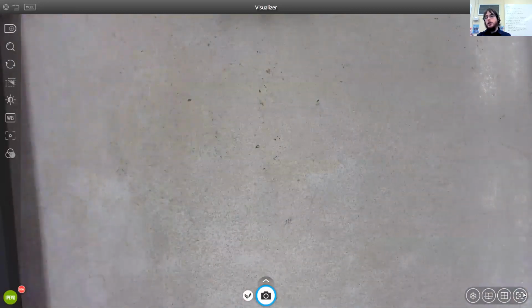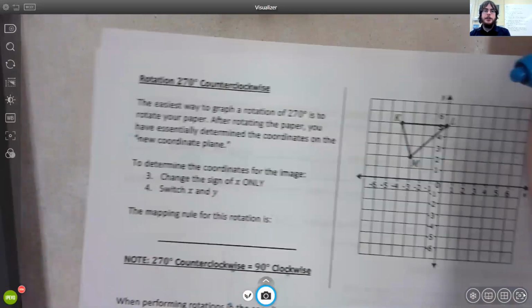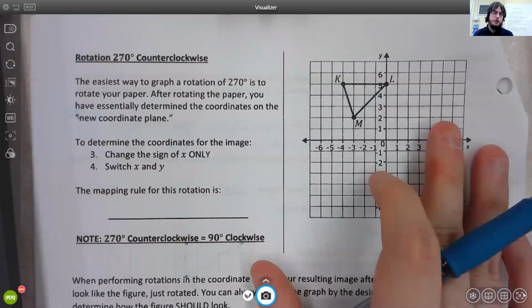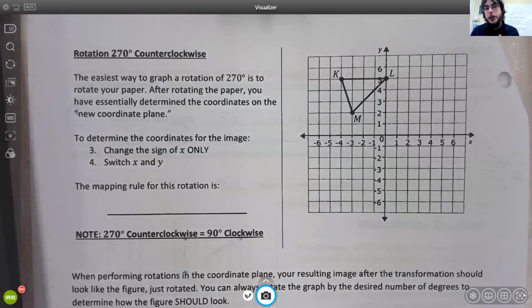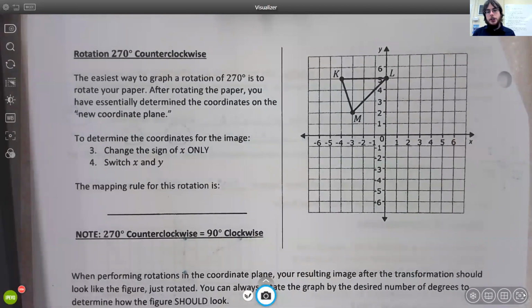All right. So the last rotation we're going to look at is a 270-degree counterclockwise rotation. But I also want to point out that a 270-degree counterclockwise rotation is the same thing as a 90-degree clockwise rotation. And we'll talk about what that means in just a second.